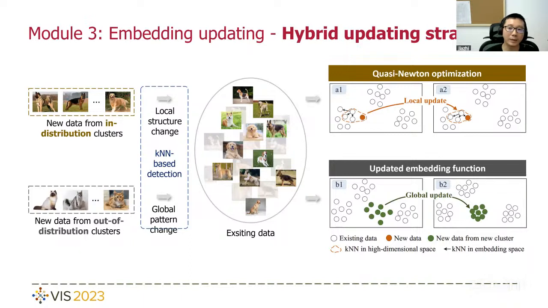We employ a k-nearest neighbor-based detection algorithm to detect changes. In case of local structure changes, we update the embedding locally without updating the whole embedding. When global pattern changes are detected, we use the updated embedding function to compute embeddings for all data.